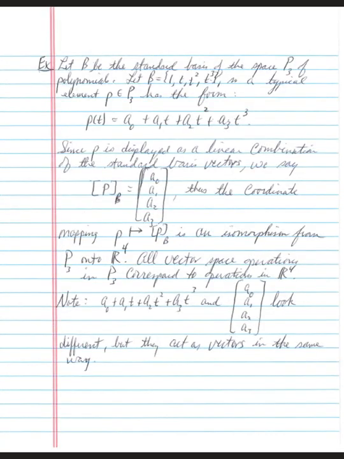Let B be the standard basis of the space P sub 3 of polynomials. We're going to let B be 1, t, t squared, and t cubed. That subscript is the degree. So a typical element p in P3 has the form constant, linear, quadratic, and finally cubic.